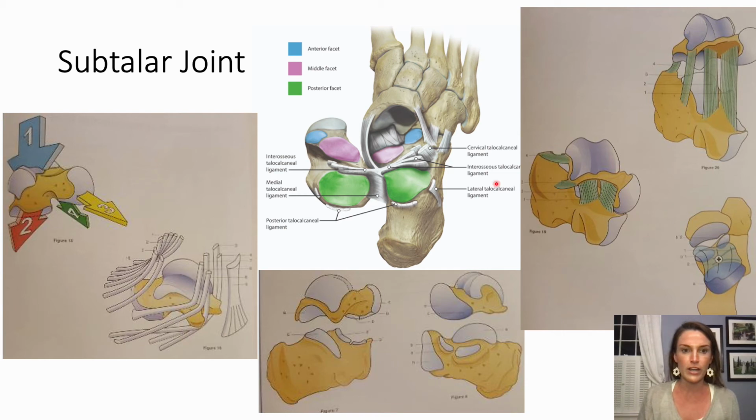And there are 3 articular facets here. So on the calcaneus, the posterior facet is convex and the talus is concave, and then it's the opposite here for the front two. So the middle and the anterior, on the calcaneus it is concave, and on the talus it is convex.